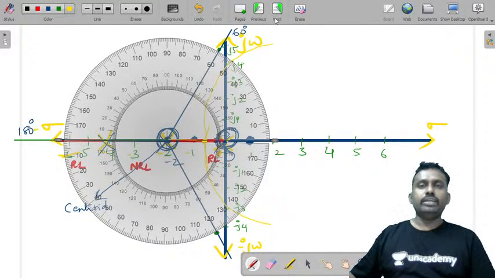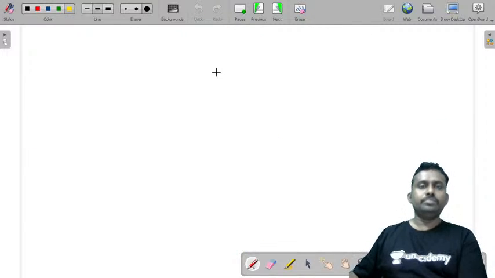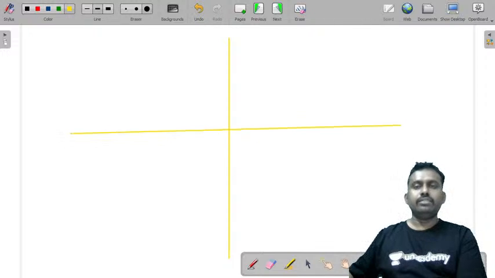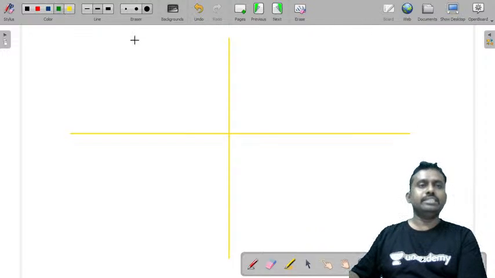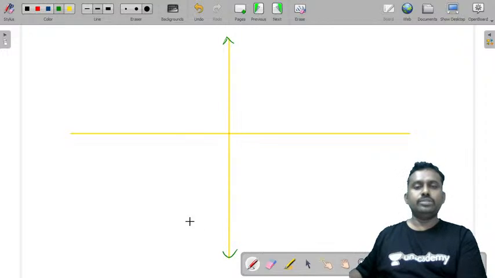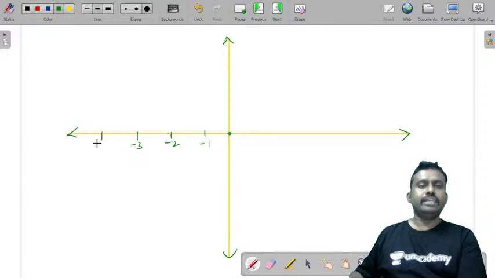So let me draw it in the other slide. We have taken the horizontal and vertical axis, and we have marked the poles and zeros. This is -1, -2, -3, -4 and -5.